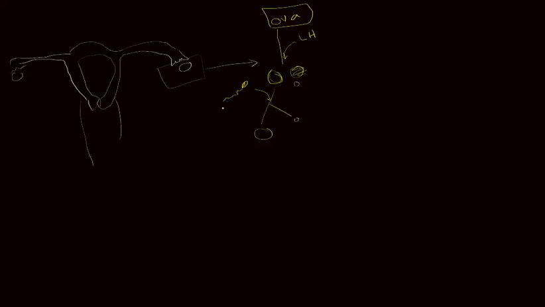So we talked about the number, about 300,000, and they are surrounded by flat cells. This is the primordial follicle, surrounded by flat cells. Under the effect of estrogen, these cells will start to change and become cuboidal.